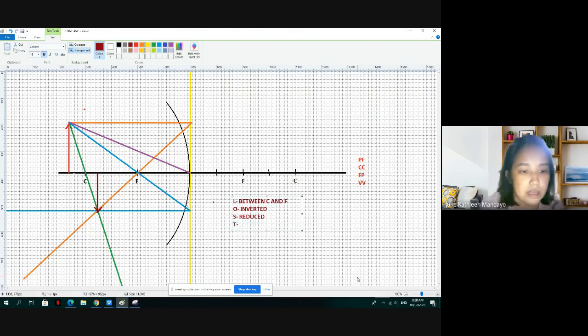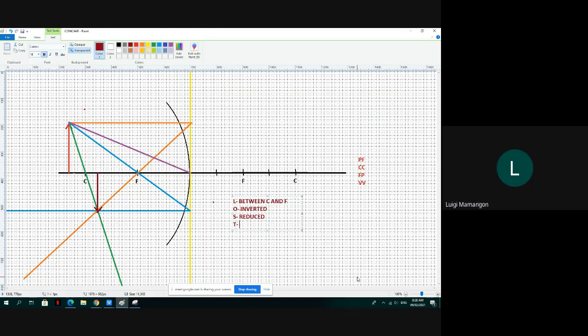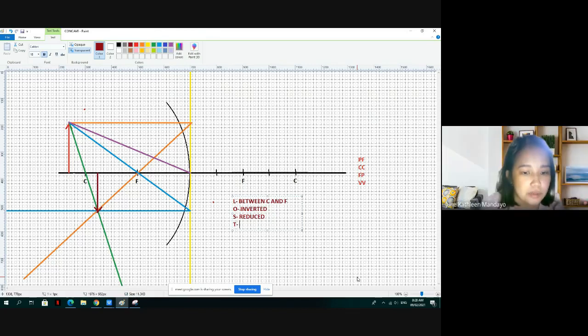And then for the type, is it real or virtual? Again, when we say real, yung image natin na form from the reflected light. Kapag virtual naman, yung image natin is formed by the extension of the reflected light. So in that case, real or virtual? Virtual po. Are you sure? Ulit, real, gawa siya dun sa mga reflected light, dun sa mga binalikong light.